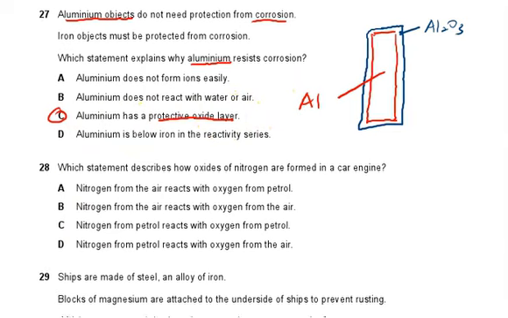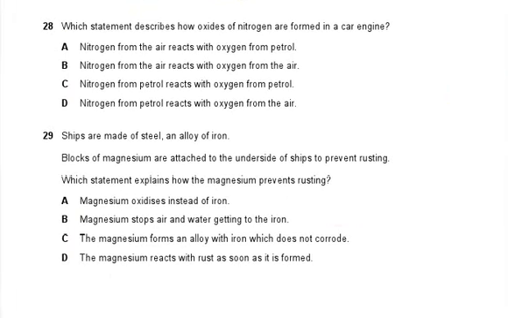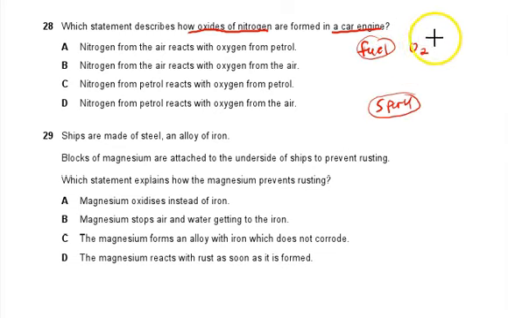Okay, number 28. Which statement describes how oxides of nitrogen are formed in a car engine? As you notice, for engine combustion you need fuel, oxygen, and a spark. But this oxygen does not come as pure oxygen, it comes as air. In air you have about 78% nitrogen.